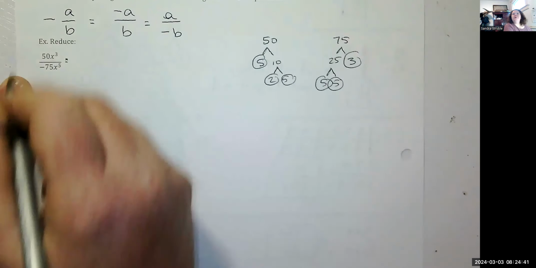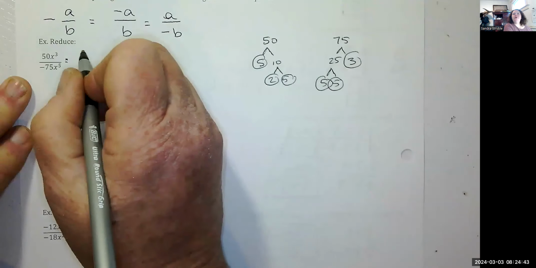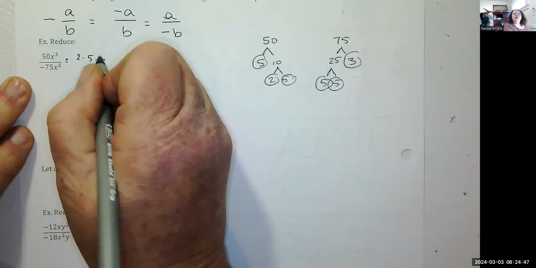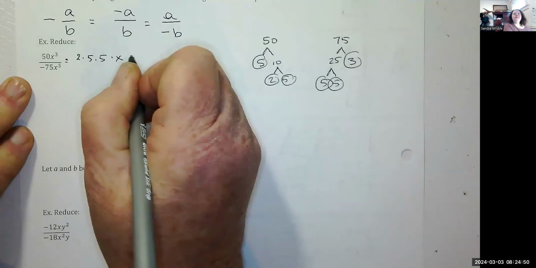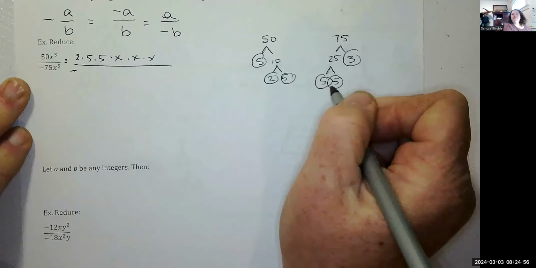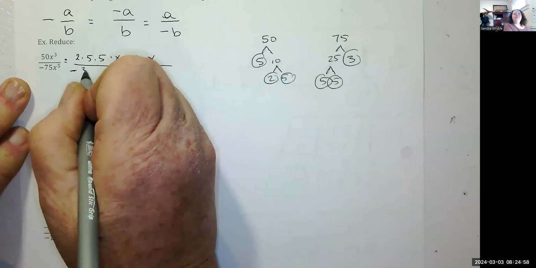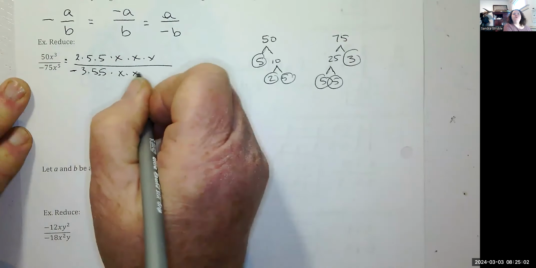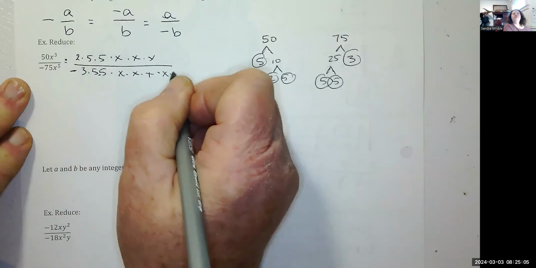Please note these are all multiplied. So in the numerator, I'm going to have 2 times 5 times 5, and then 3 x's. Over, I'm going to keep my negative, 75, which is 3 times 5 times 5, and then 5 x's.